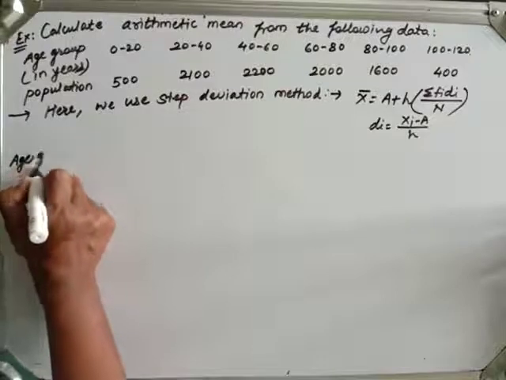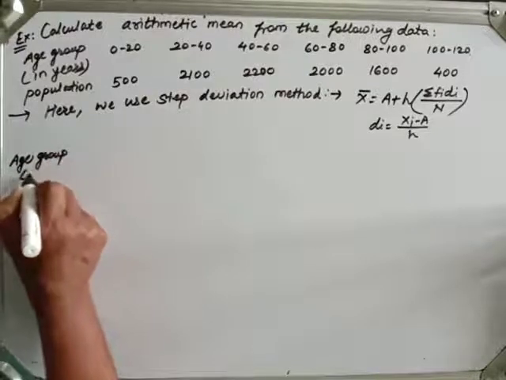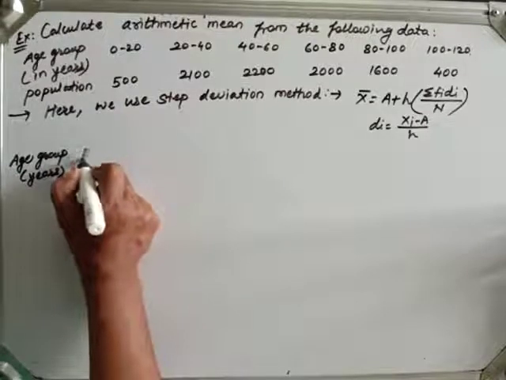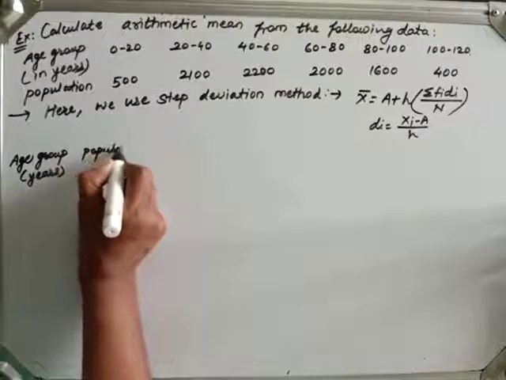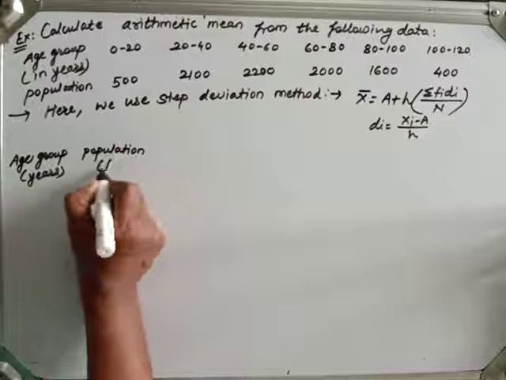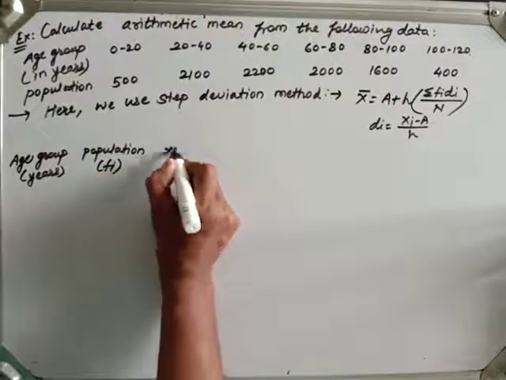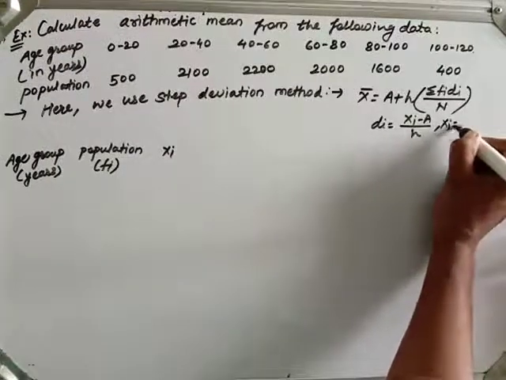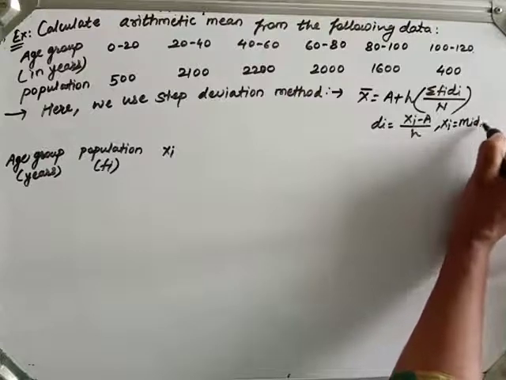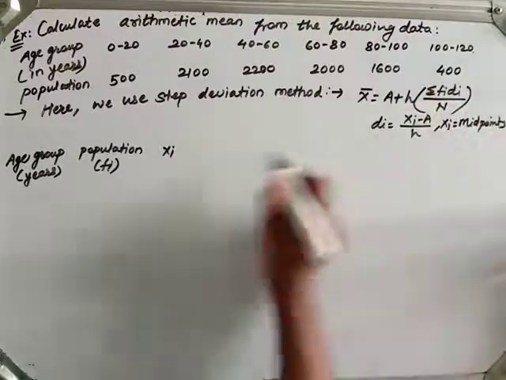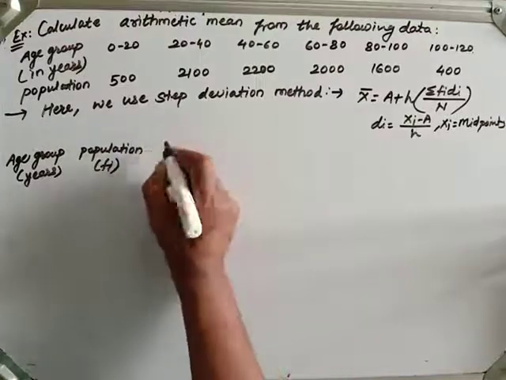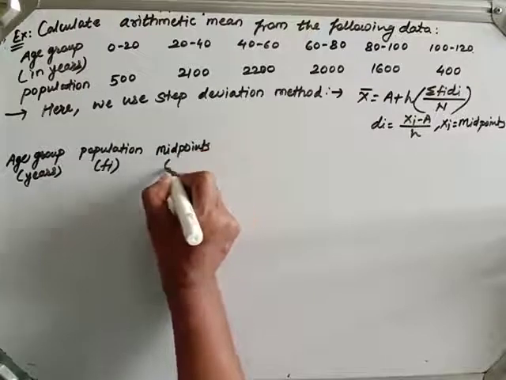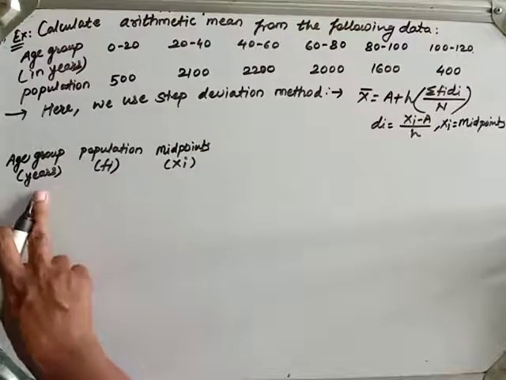So age group, given in years. Then population is nothing but our frequency, our fi. Now let me determine xi. Xi is our class mark, the mid value, the midpoint of this class interval.